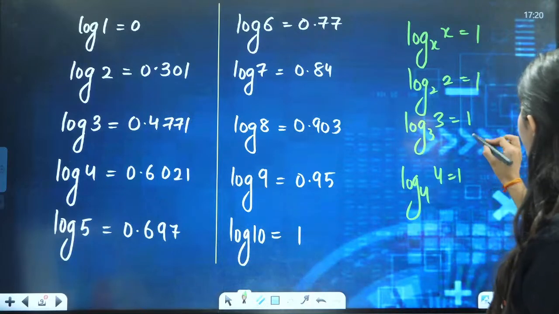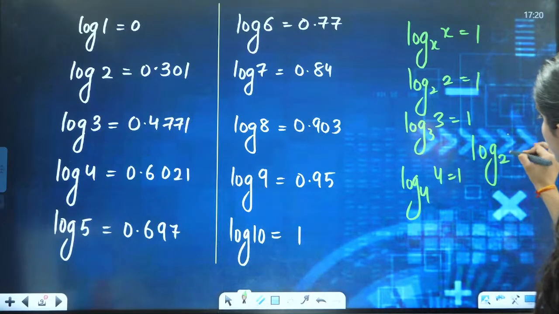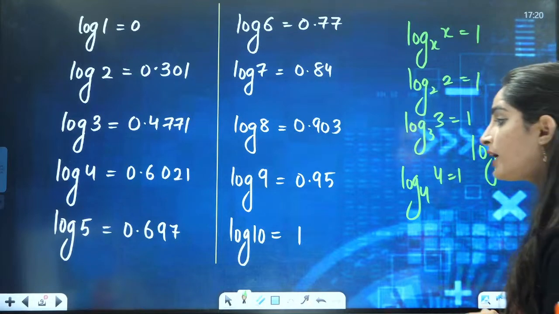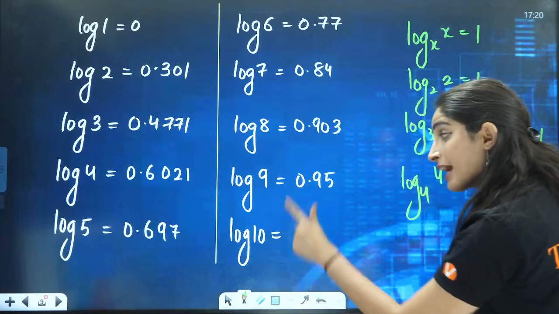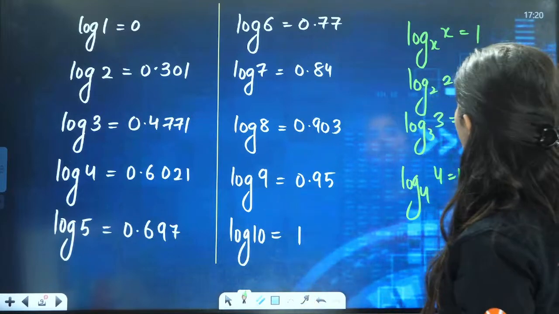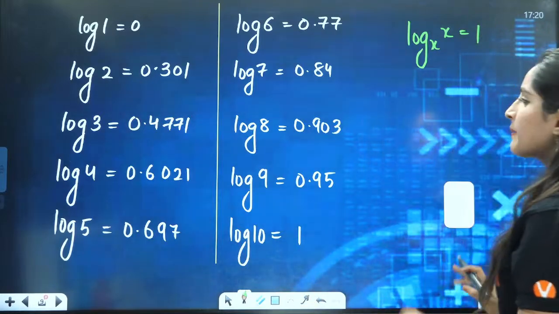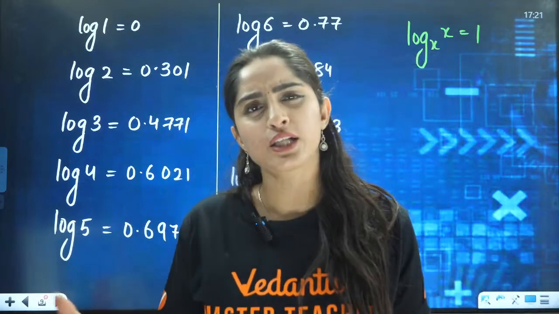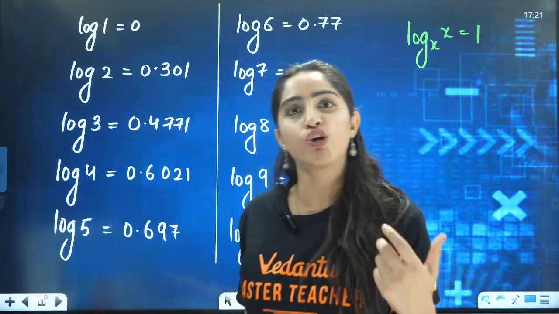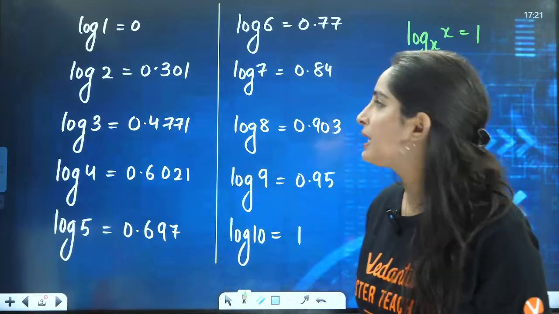If they ask you, ma'am, log base 2 of 10 is not 1. Here we are talking only about base 10. That is why log base 10 of 10 is 1, because of this property. As in our syllabus, we don't have any other log base, we can simply remember that log base 10 of 10 is 1, right?